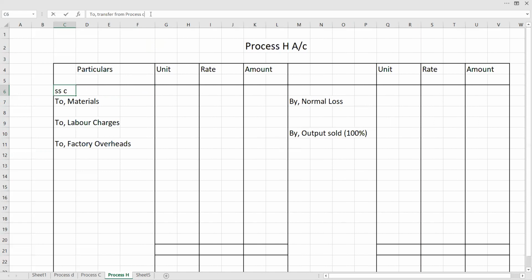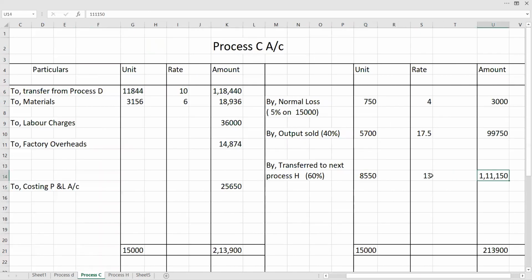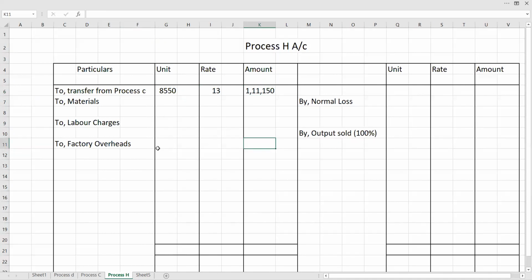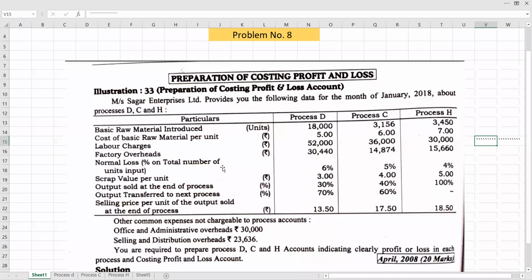To transfer from process C. Process C मधून आपल्याला काय काय transfer झालंय? Units, rate and amount. So it should be recorded in process H. So 8,550, rate 13 and amount 1,11,150.